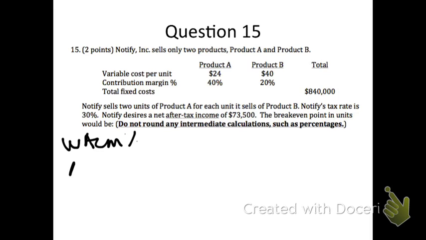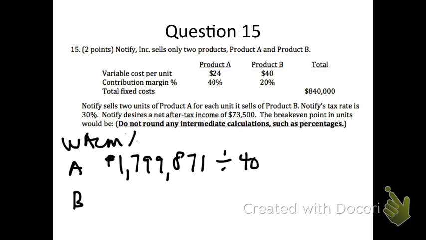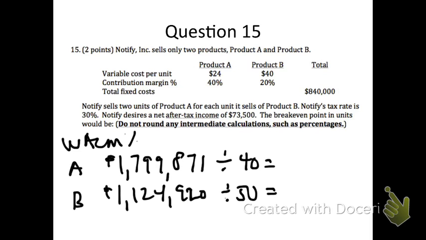So for A, I divide 1,799,871 by the selling price, 40, and 1,124,920 divided by a selling price of 50 for B, to get the number of units.